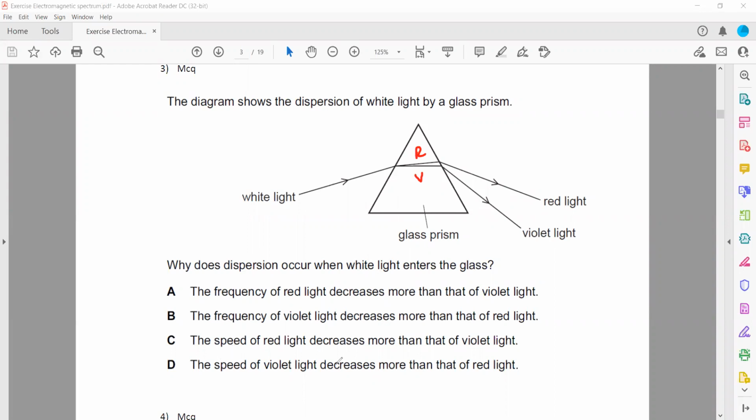So the speed of violet and red both decrease, and the speed of violet decreases more than the red. So all the waves are not traveling at the same speed in the glass. That's why the violet bends the most and red bends the least. So due to the change in speed, there's a greater change in speed for violet as compared to that of red.